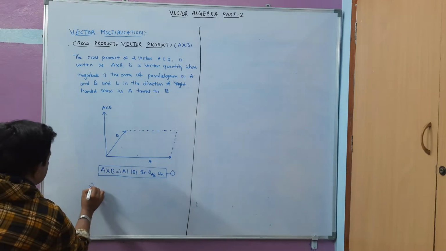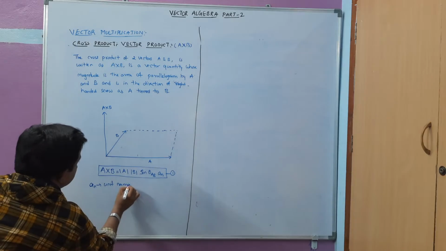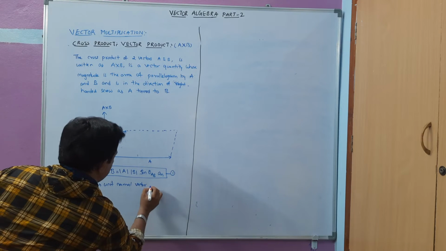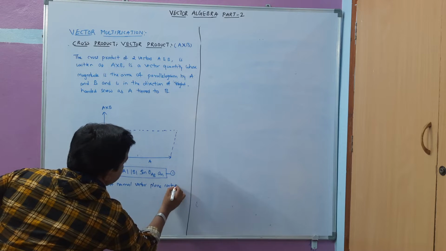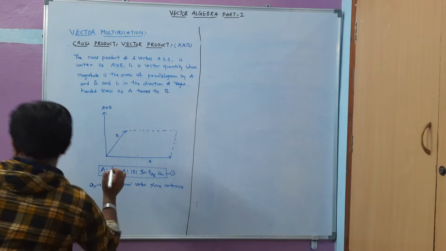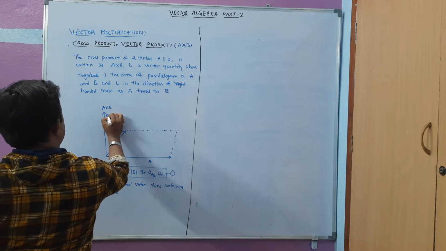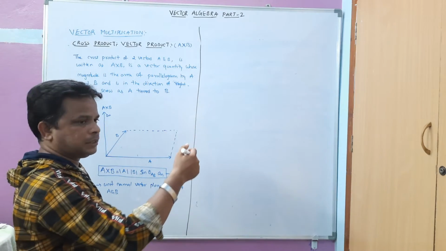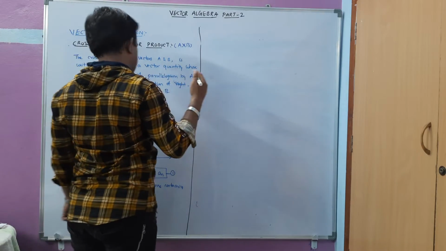Here AN is the unit normal vector to the plane containing vectors A and B. We need to know the direction of AN. The direction of AN is taken as A is turned over B, that is, the right-handed thumb rule or right-handed screw. Either of these we can take.